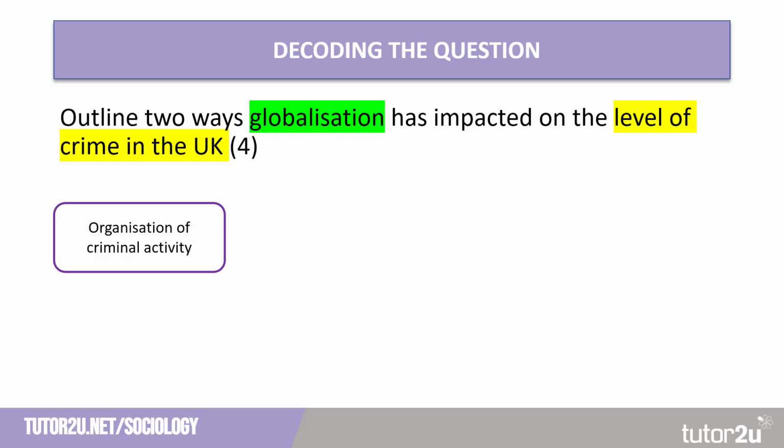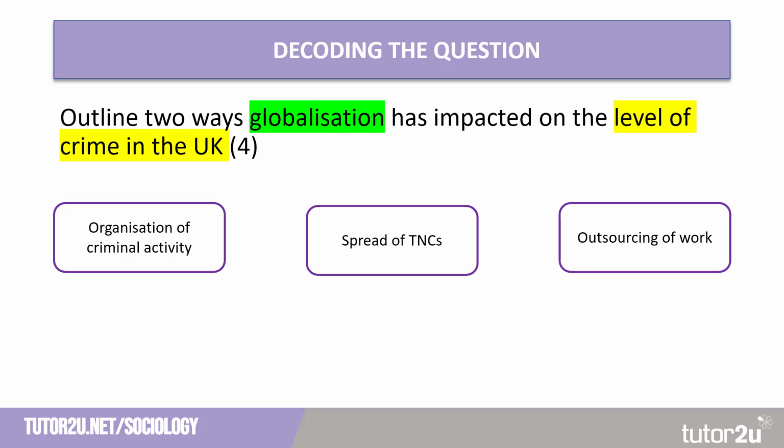So if we look at some of the reasons why globalization might have impacted on the level of crime, we can look at the organisation of criminal activity, hinting at organised crimes. The spread of transnational corporations, which hints at growth of corporate crimes. The outsourcing of work, which may hint at relative deprivation.